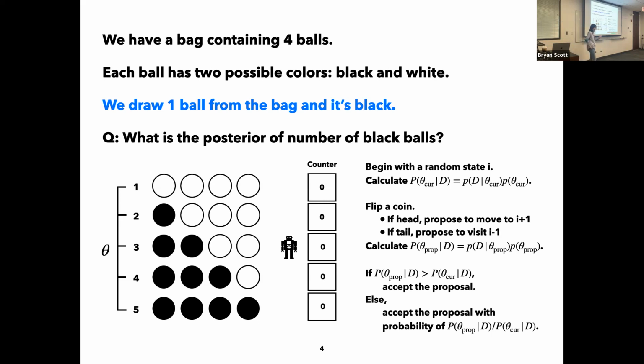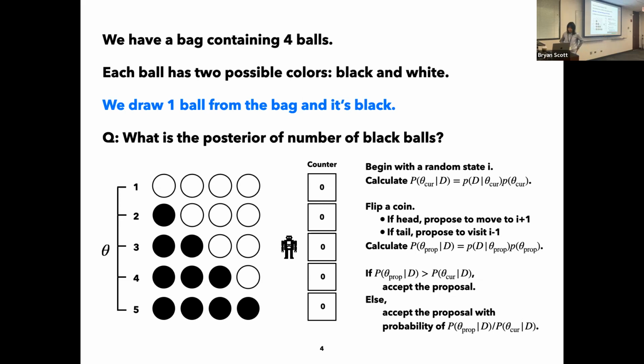If the coin is a head, we propose to move to state i plus 1. If it's a tail, we propose to move to state i minus 1. We calculate the unnormalized posterior, the capital P, again at the proposed state. If our proposed state has a higher probability than the previous state, we accept the proposal and move to that state, and update the counter of that state as well.